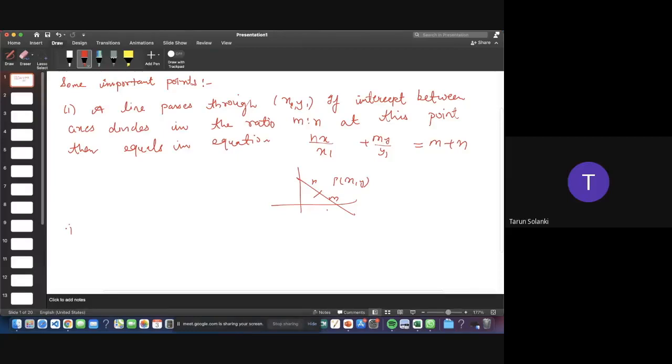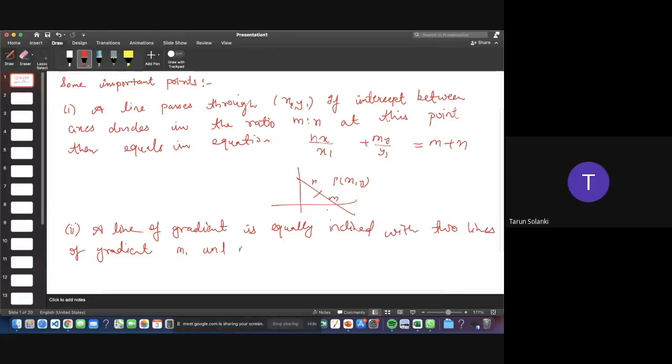Second point: a line of gradient m is equally inclined with two lines of gradient m1 and m2.